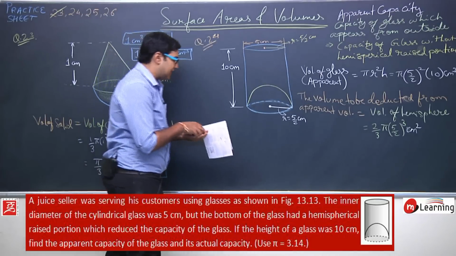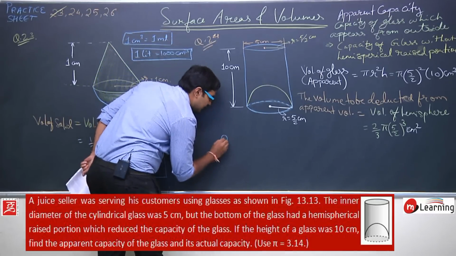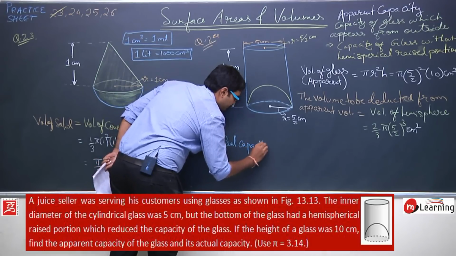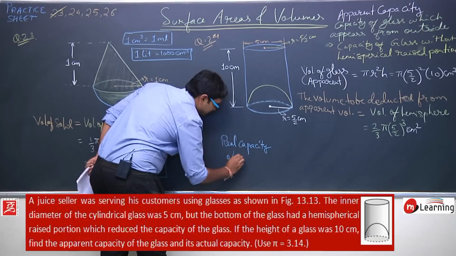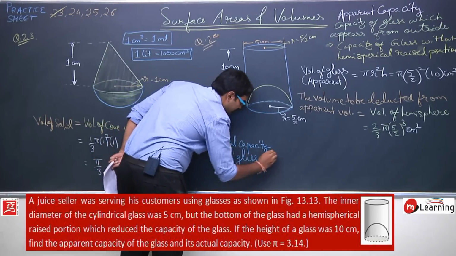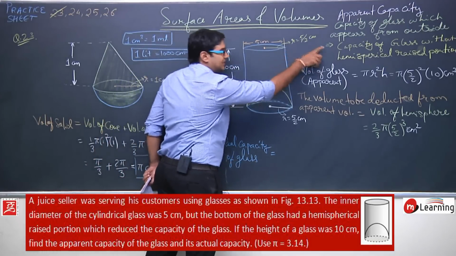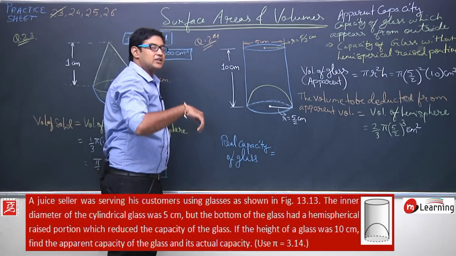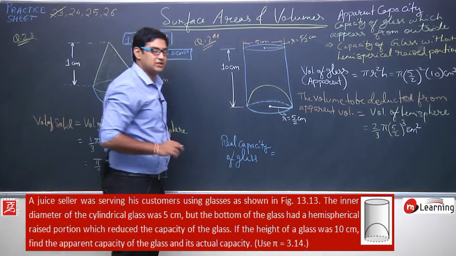So what should be the real capacity of the glass? The real capacity of the glass is equal to the apparent capacity minus the false capacity, that is, minus the capacity of that hemispherical raised portion.